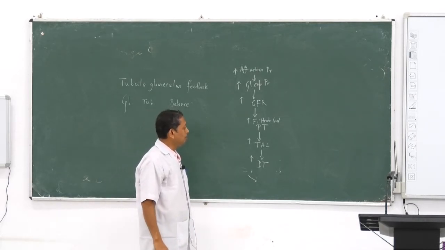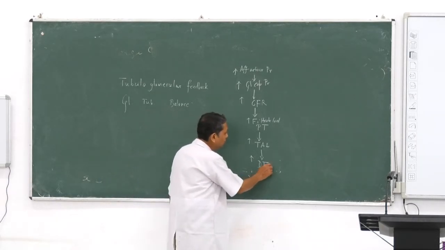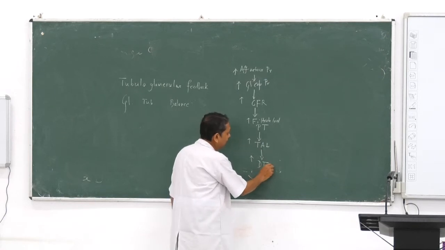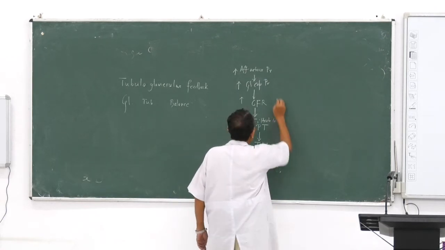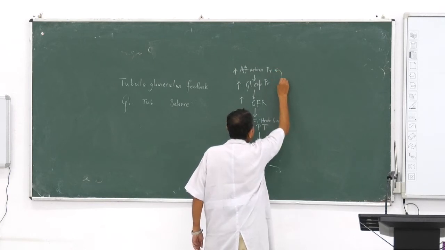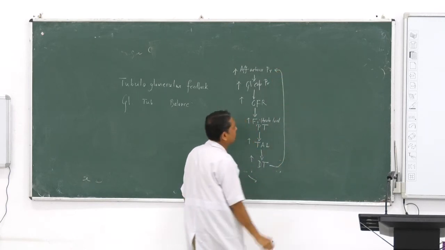Now what occurs? Whenever it goes to this, there is some signal from the macula densa, so that the pressure is affected.